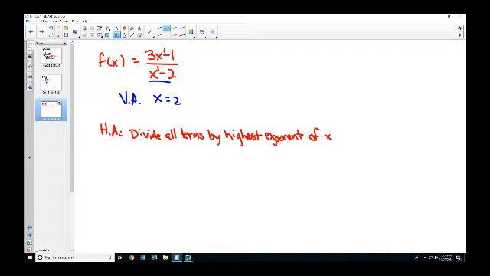So x to the first. We're going to divide every single one of these by x. Okay, so x to the first is our highest, so simplify that algebraically.